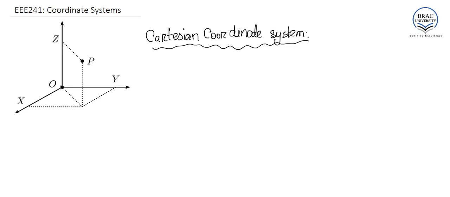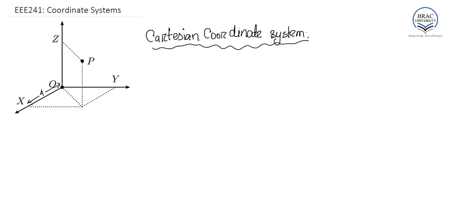So let's say we first travel along the OX direction for 4 units. Your travel starts from the origin and you move along the x-axis a distance equivalent to 4 units. It might be 4 meters or 4 centimeters or anything, it's 4 units.